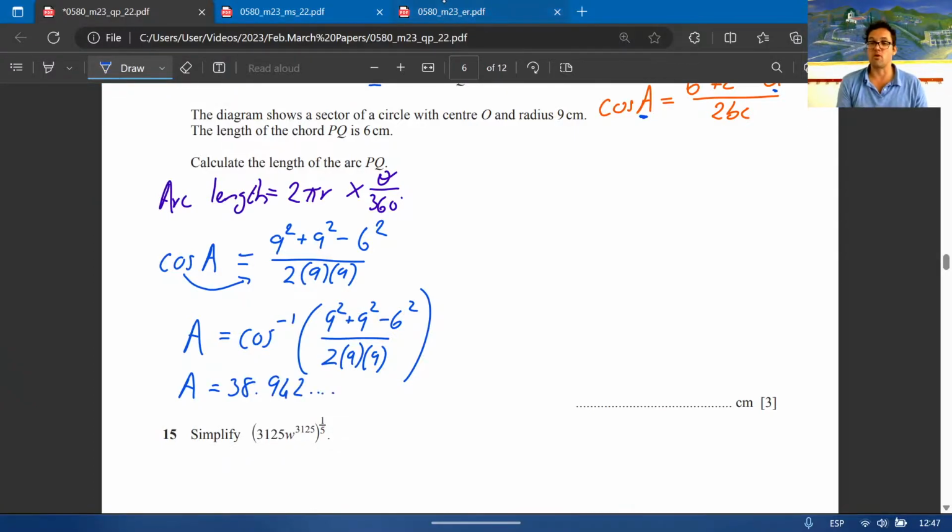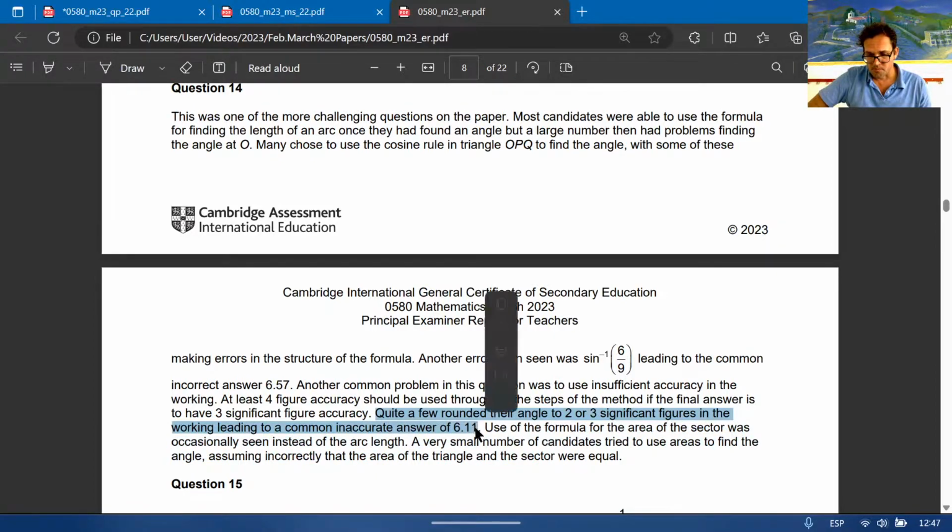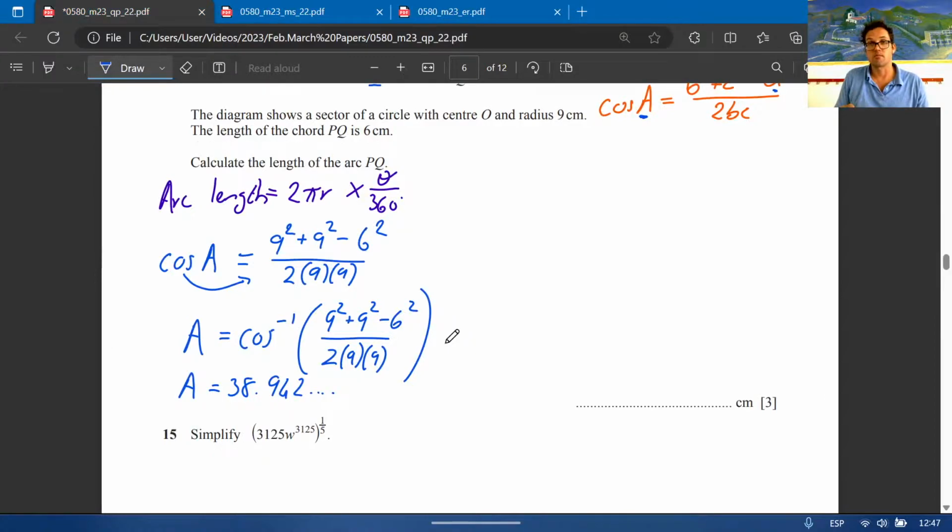Very important, looking at the examiner's report, they mention here quite a few rounded their angles to 2 or 3 significant figures in the work leading to the commonly accurate answer C. Okay, at least 4 significant figures. So this is not our final answer. So don't round this answer. At least 4 significant figures of 38.94. I'm just throwing that 2 there just to be more accurate.